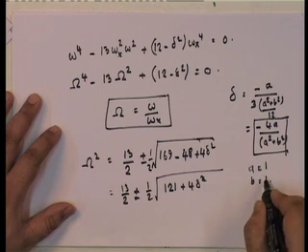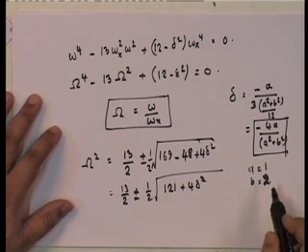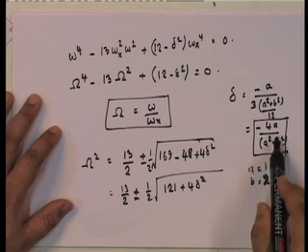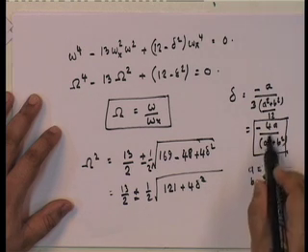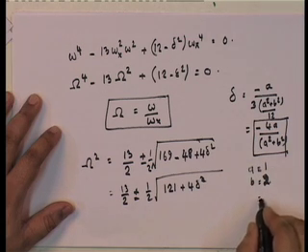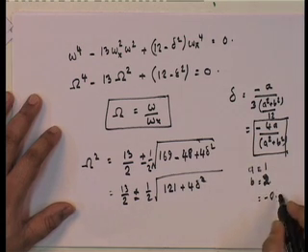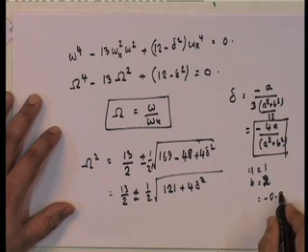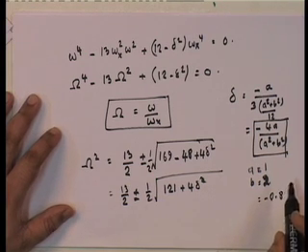Sorry, a equal to 1 and b squared equal to 4. So you get 1 over here and this becomes 5, so this becomes minus 0.8.